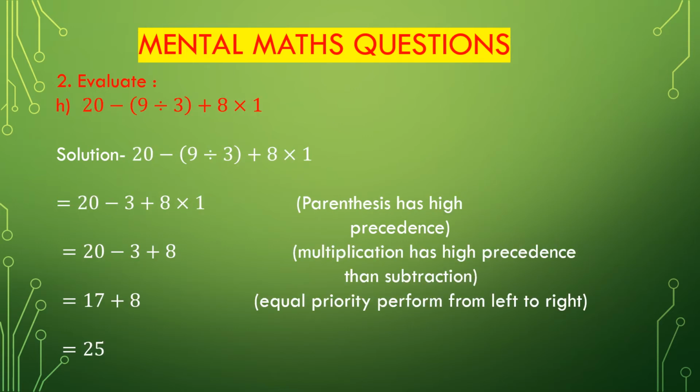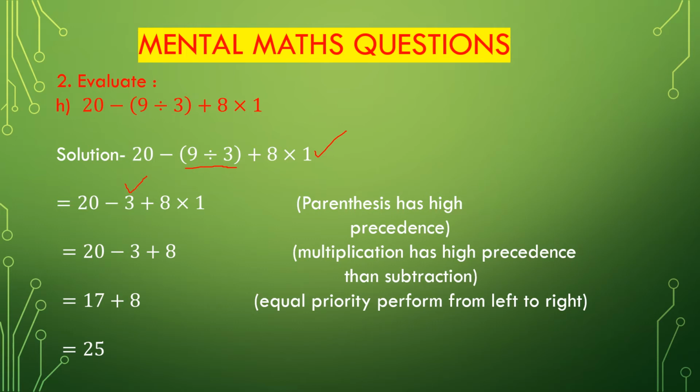Now we will solve question number 6, part H. 20 minus 9 divided by 3, that is inside the bracket, plus 8 multiplied by 1. We know bracket operation has higher priority than all other operations. So first this bracket operation will be performed. 9 divided by 3 is 3.